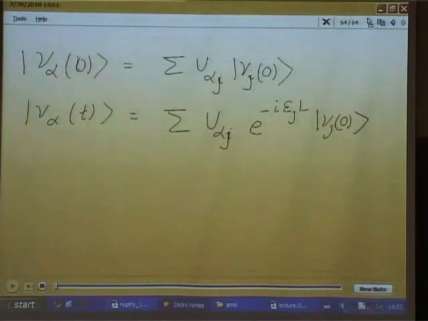Okay, so all that this state does is gain a phase e to the power minus i epsilon j times n. That's not a big deal, simple solution. Now I want to calculate the value of P alpha beta. So P alpha beta is going to be mu beta mu alpha.